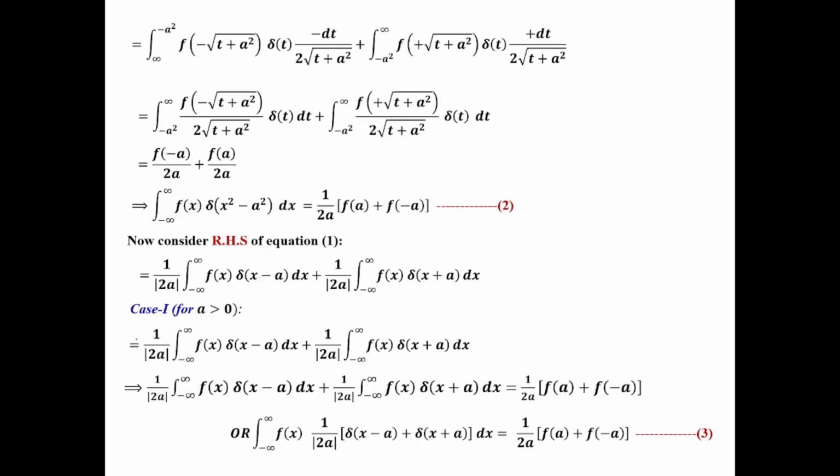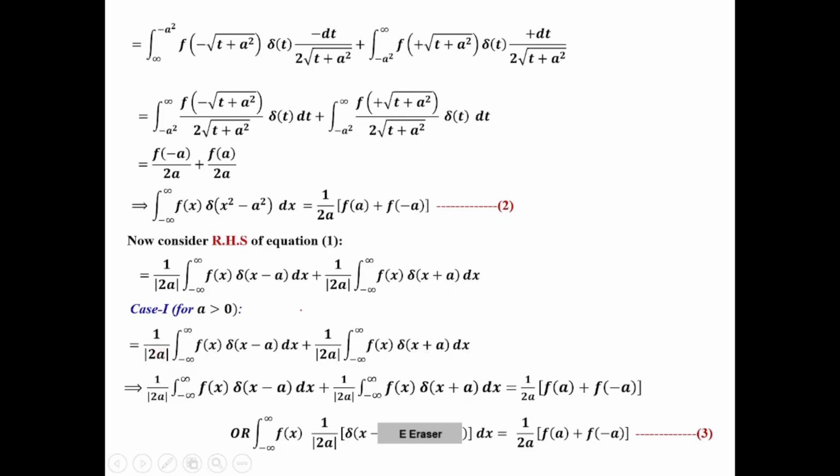So if it is so, here you can see 1 by, I have to write plus a, not written, plus a, and its mod, minus infinity to plus infinity was there, f(x) delta(x plus a), which means it will be minus a, dx, plus 1 by 2 plus a mod, minus infinity to plus infinity, f(x) delta, here a is positive, so automatically it will be plus, it will be there x plus a dx.